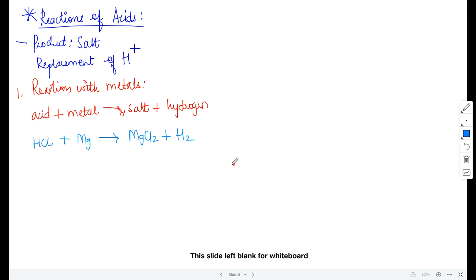Tell me whether this reaction is balanced or not. No? Then you need to put a 2 in front of the HCl, the hydrochloric acid. Now is it balanced? Okay, fine. So that means my acid, hydrochloric acid, is reacting with magnesium to form magnesium chloride and hydrogen.